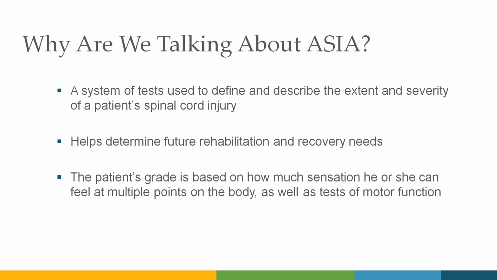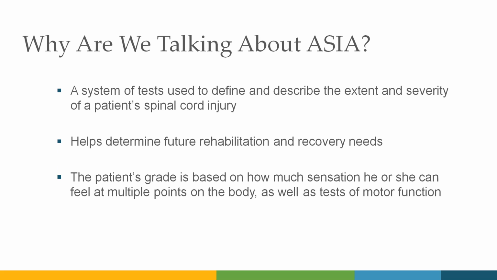Whatever it is, you're going to come to a neurological level of injury where you get someone that has maybe an incomplete C7 spinal cord injury, right? Or maybe it's a T6 complete spinal cord injury. We'll get to some of the letters and the words that define that.